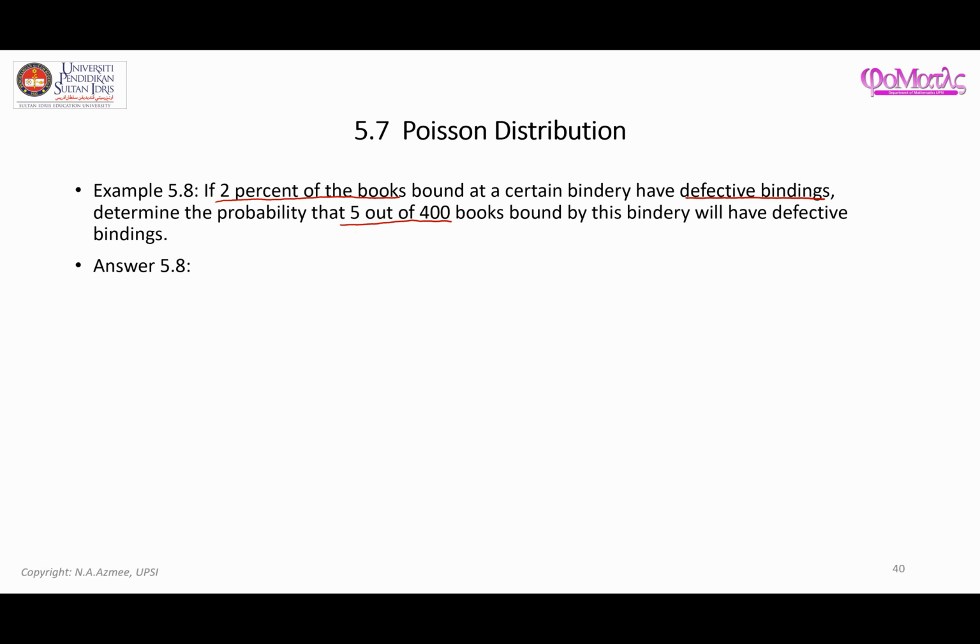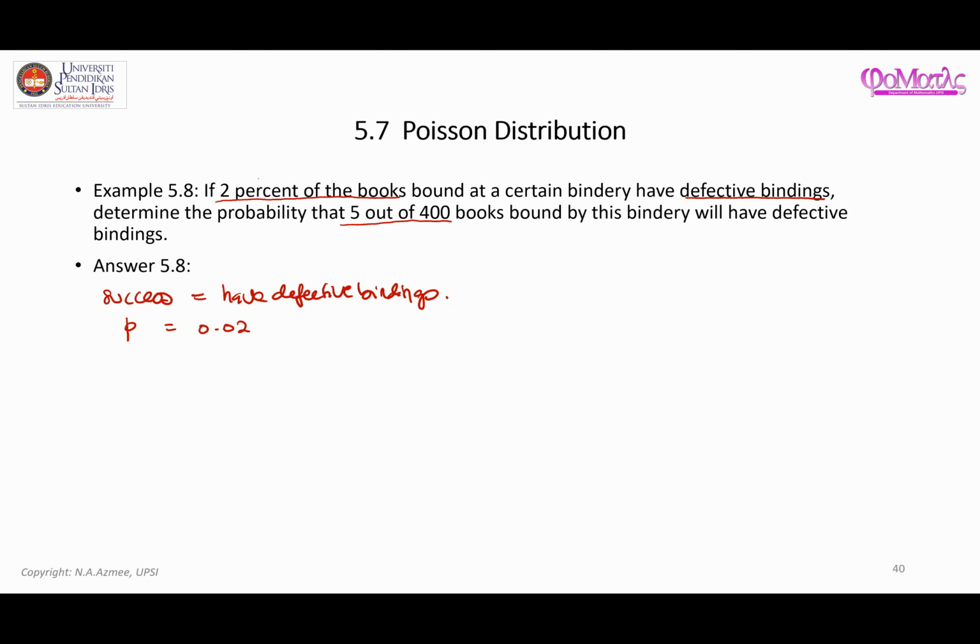And clearly, this is a binomial experiment where success is defined as having defective bindings. The probability of that is 2%, which is 0.02. Next, you can imagine that each book will be checked to see whether it is defective or not.